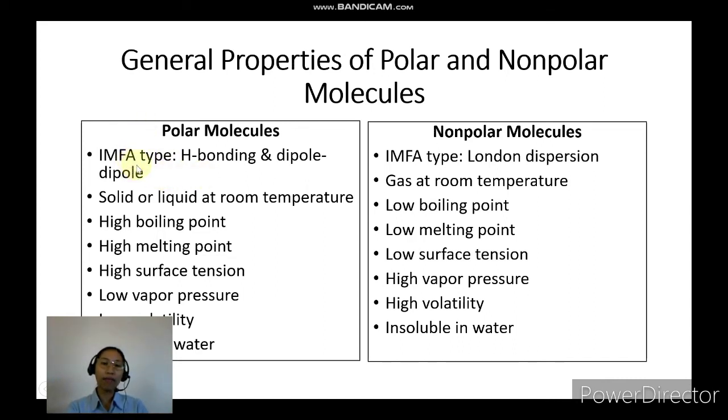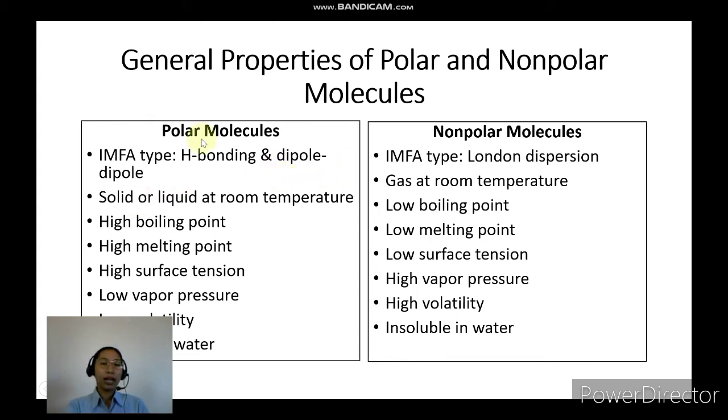Ang IMFA type sa polar molecules could either be H bond or hydrogen bonding and dipole-dipole moments, whereas sa non-polar molecules ang ihang IMFA type kay London dispersion forces, and I will discuss these three types of IMFA on the next video.